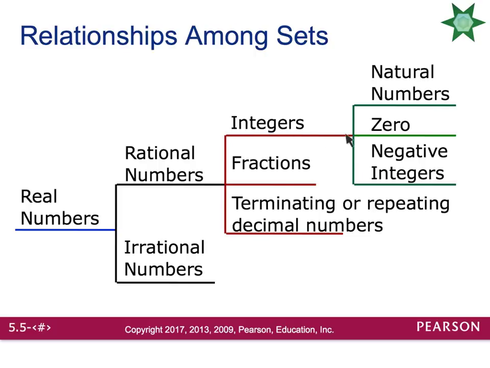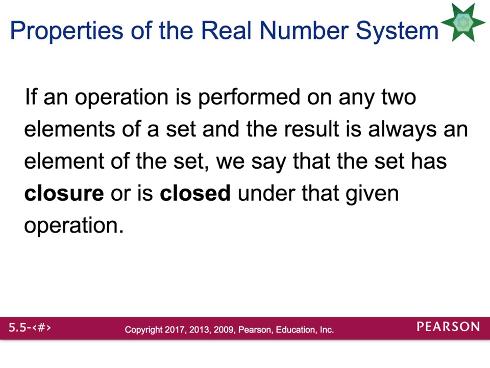Then we can break out the integers into the natural numbers, 0, and the negative integers. So we're breaking up the structure of the rational numbers and showing you, using the branches, what the parts are. Okay, let's talk about properties of the real number system.